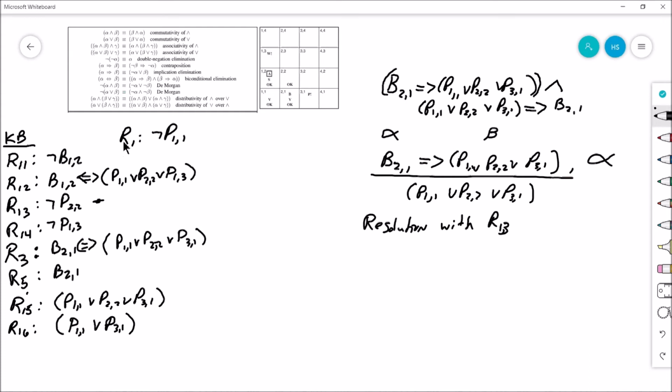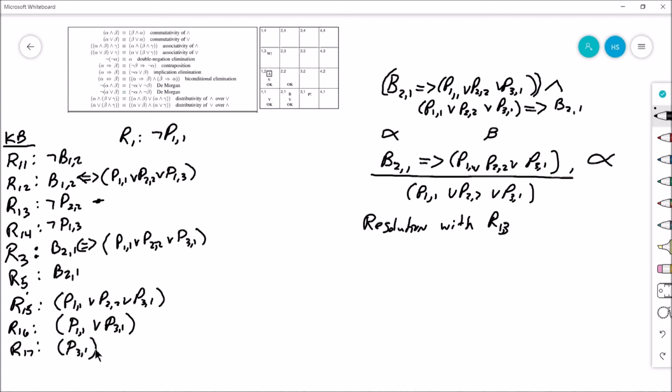So if I apply the resolution rule with R1 onto R15, that will get me yet another sentence, right? The not P11 and the P11 are going to cancel. So that's going to leave me with a sentence P31.